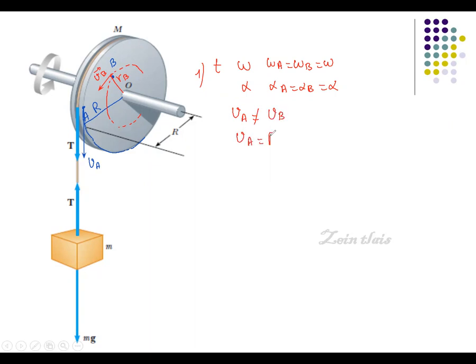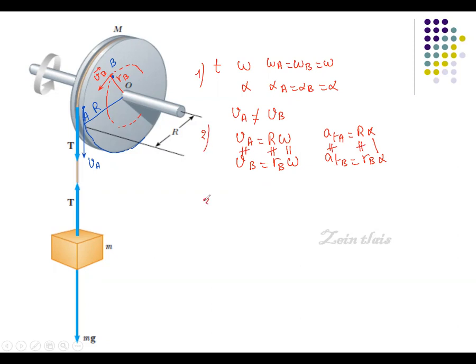Because VA equals R omega and VB equals RB times omega. We have the same omega, but R is not the same, and V is not the same. The same thing for A tangent: A tangent of A equals R times alpha, and A tangent of B equals RB times alpha. We have the same alpha, but not the same radius and not the same A tangent.